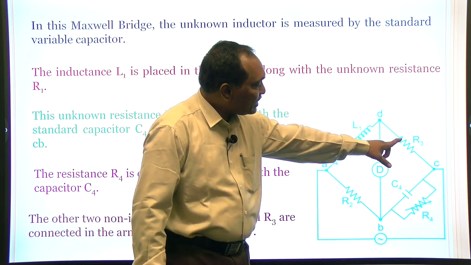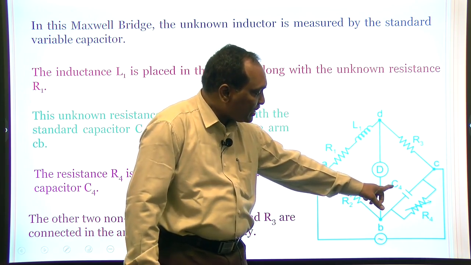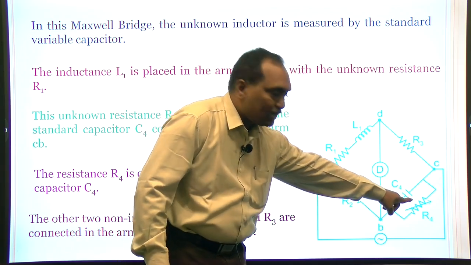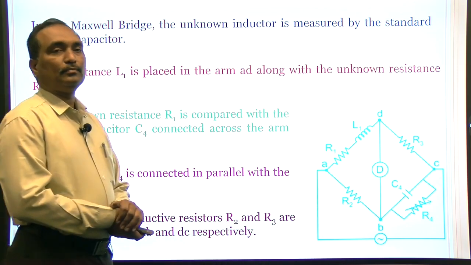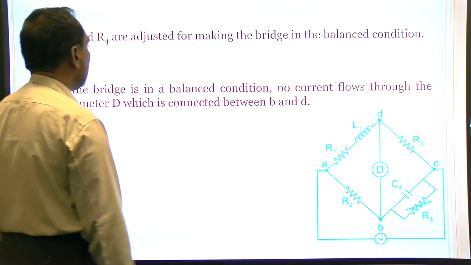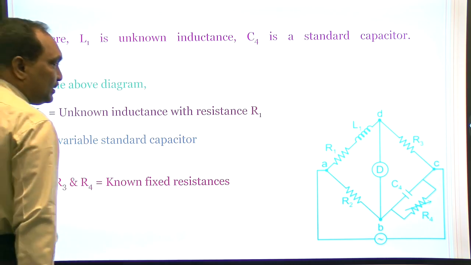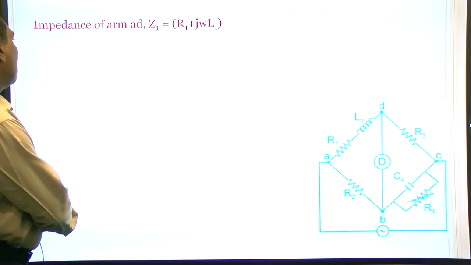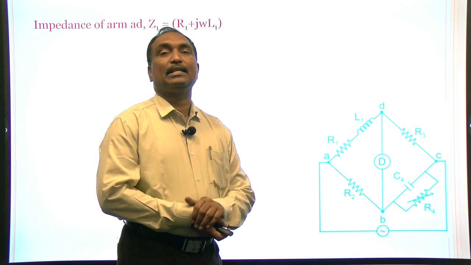The known resistance R3 is connected between C and D, and the variable capacitor C4 and variable resistance R4 are connected in parallel between C and B. The galvanometer is here and the power supply is connected here. These are the different components connected inside the bridge. So, how can we use this bridge to measure inductance?